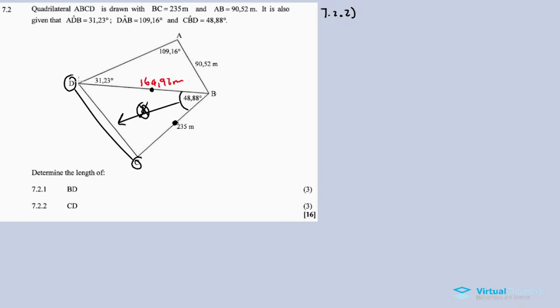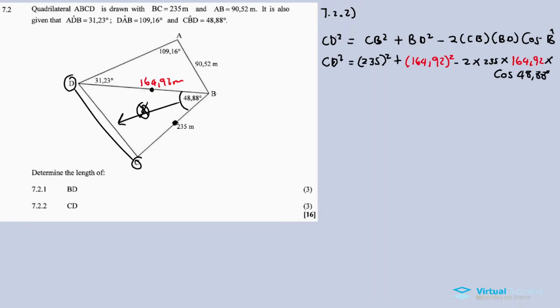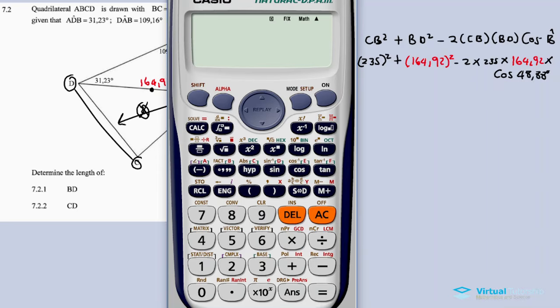So we want CD, so it's going to be CD squared equal to CB squared plus BD squared minus 2 times CB times BD times the cos of this angle. Then we substitute, straightforward, and then we calculate.